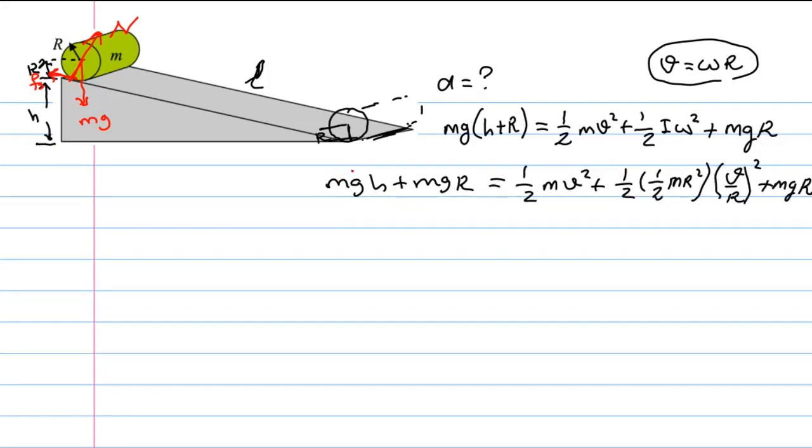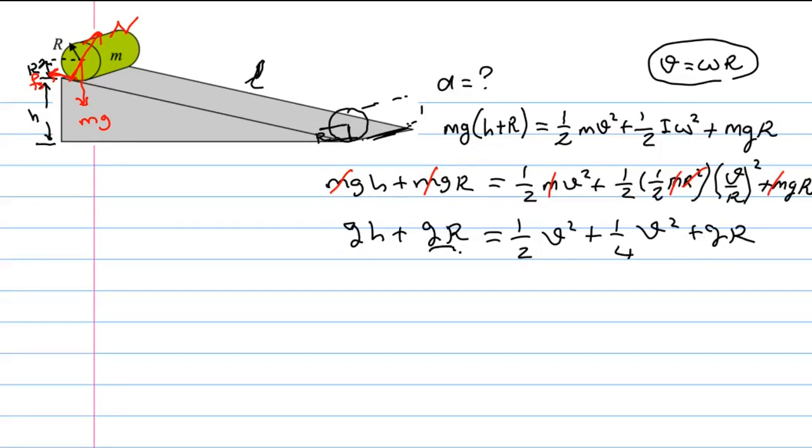Drop m's from everywhere. We have an r squared term, and r squared comes from there. We can also drop that. So what is left? gh plus gr equals 1/2 v squared plus 1/4 v squared plus gr.